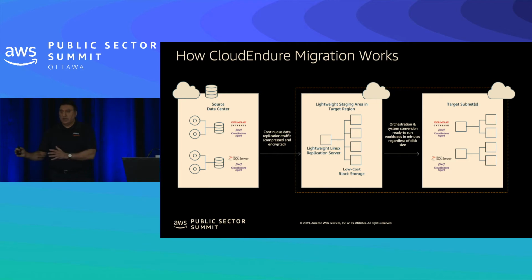It creates a staging area in the target region, or the target VPC, or an account for that matter. And then it synchronizes. You can launch an instance from that with a blueprint in that target architecture, which would be your target VPC, for example. And it's very quick. It launches in a matter of minutes, regardless of the disk size.